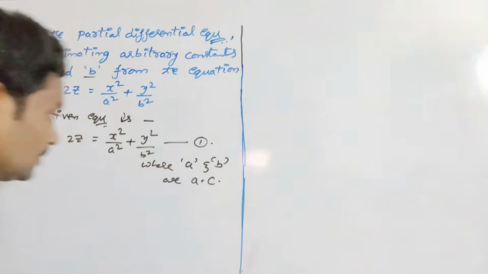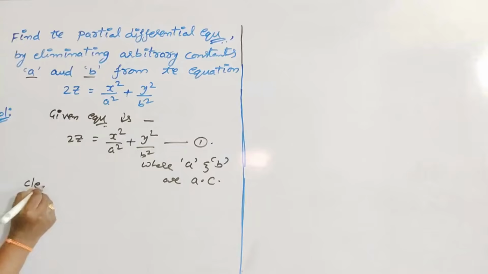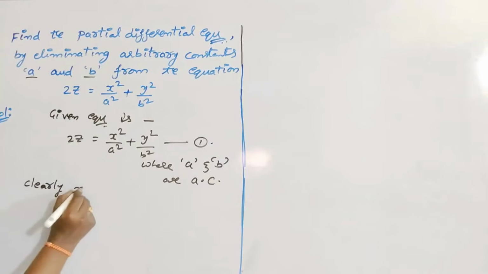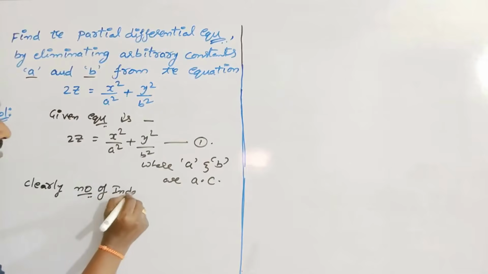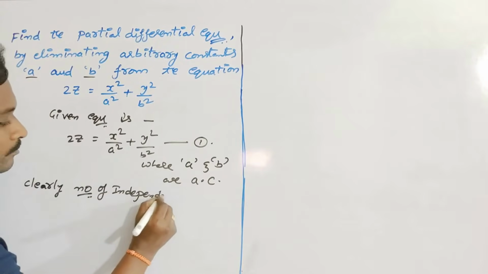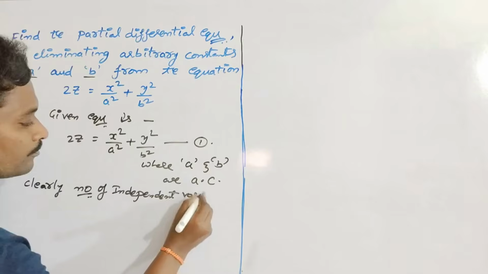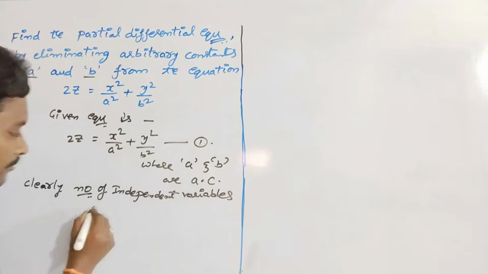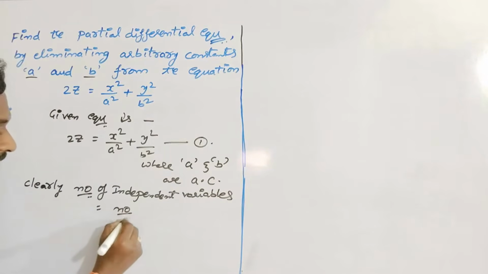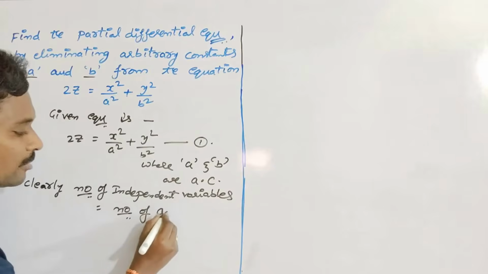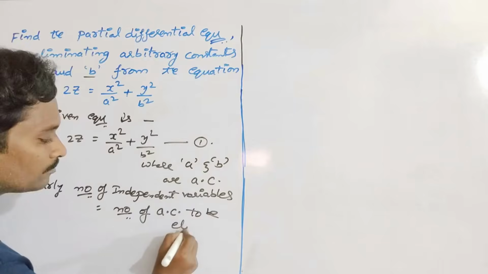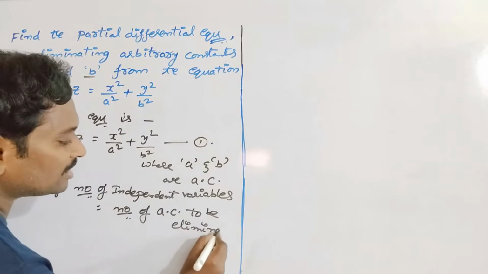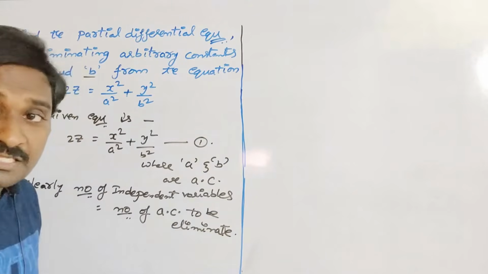Clearly, if the number of independent variables is equal to the number of arbitrary constants, otherwise parameters, to be eliminated, use only first order partial derivatives.